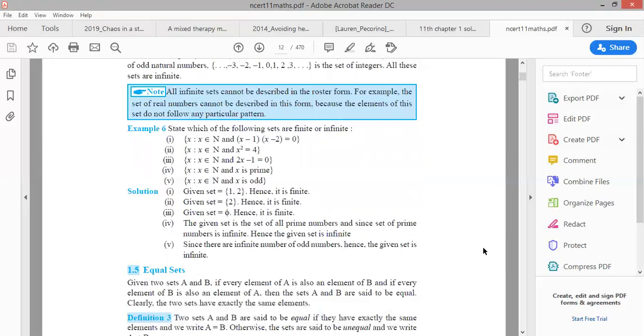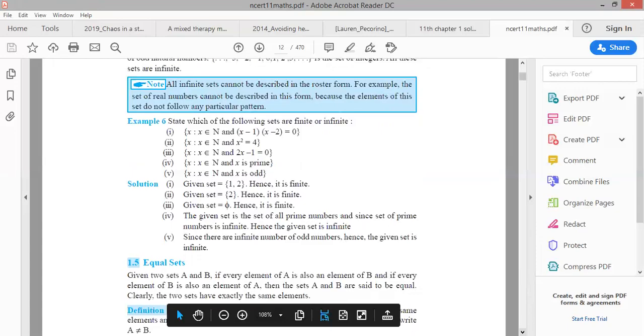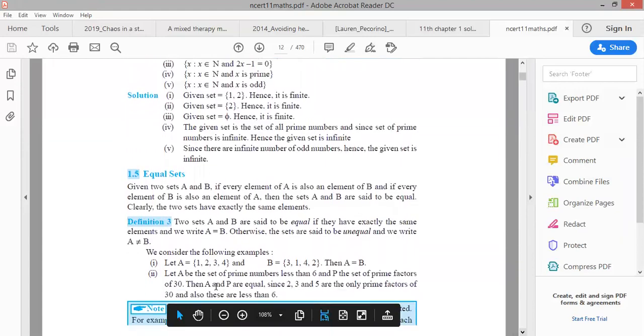Next concept that's here, that's equal sets. Two sets are said to be equal if they have exactly the same elements. Here's the definition I would like to highlight.